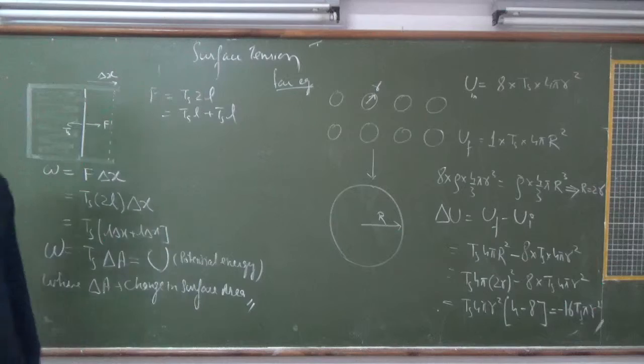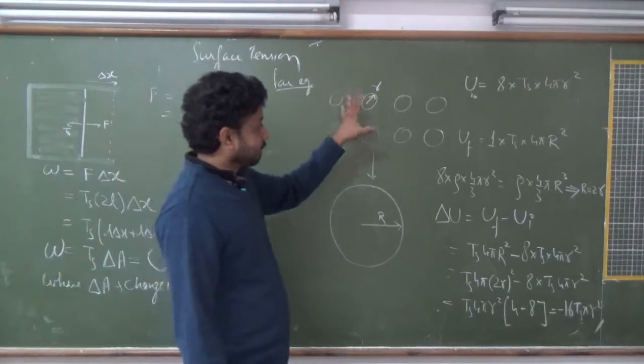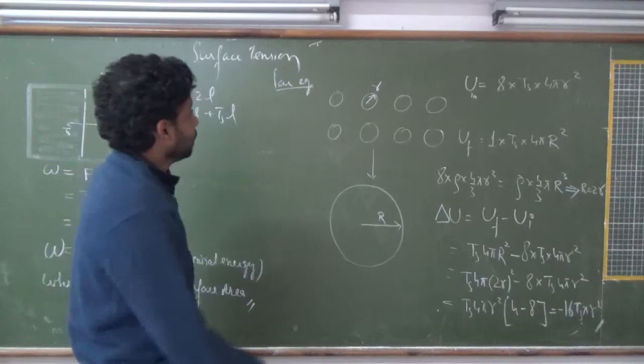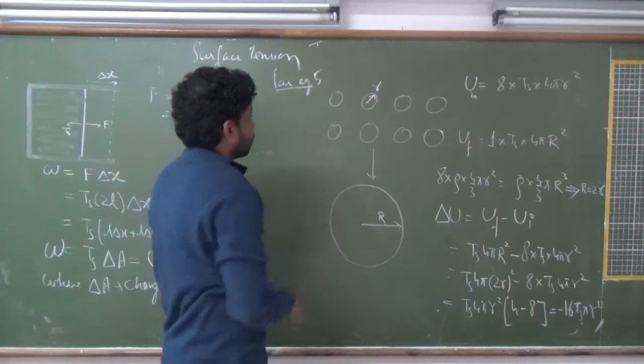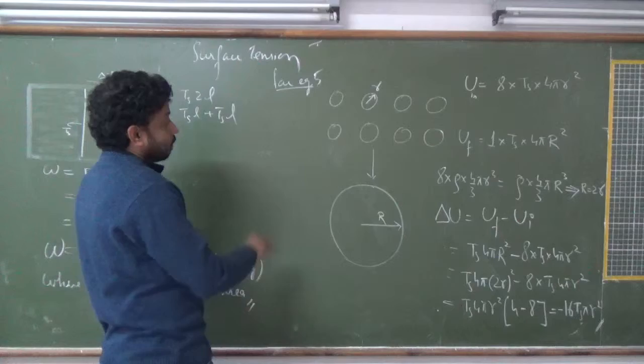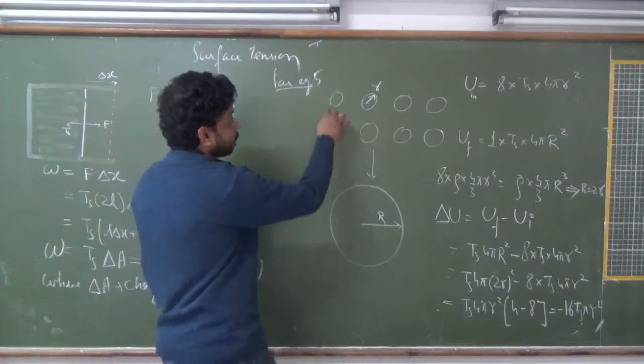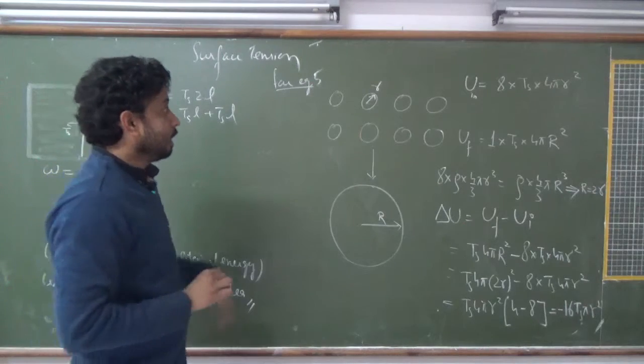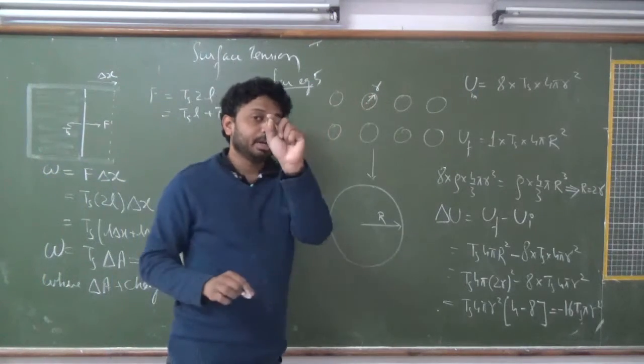Now what are the types of numericals they ask from this segment? Generally I have seen this very important type of numerical they ask. This is example number 5 if I am not wrong. What they have said in this question is that you have 8 small drops of liquid, and all of them have a radius of r.